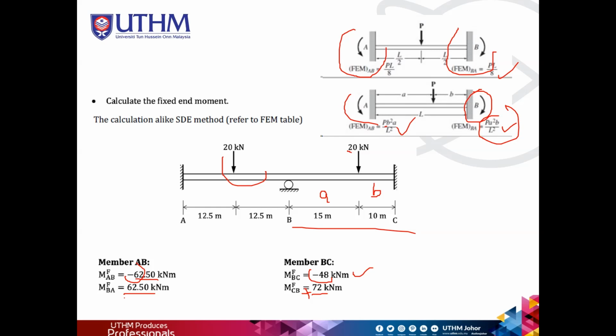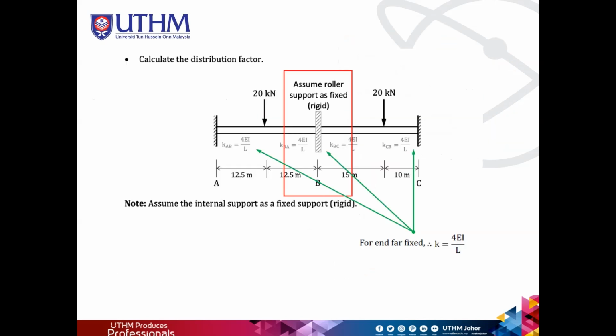Okay, after you find the FEM, then you need to find the distribution factor. So the distribution factor refers to K. Okay, K is 4EI over L. For this type, if you refer to the pictures, we have 2 members.